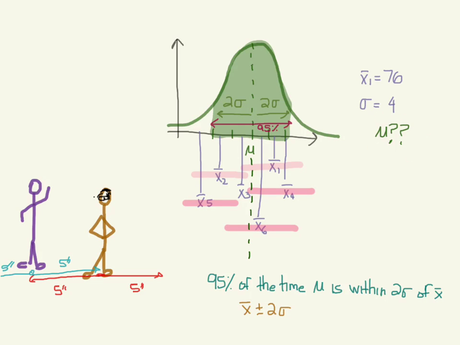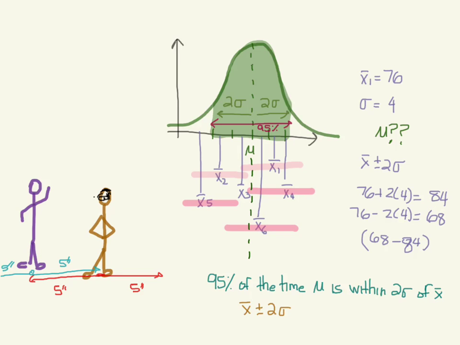The answer is, of course, no, we don't know, but we do know the confidence interval: x bar plus or minus 2 times the standard deviation. So it's going to be 76 plus 2 times 4, and 76 minus 2 times 4. And when you do the math, you get 84 and 68.